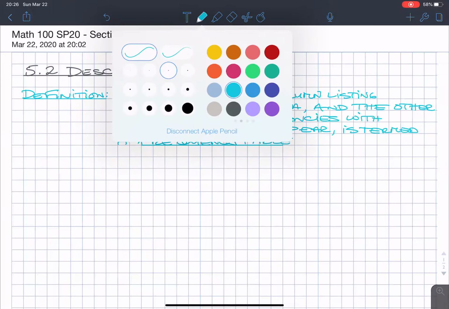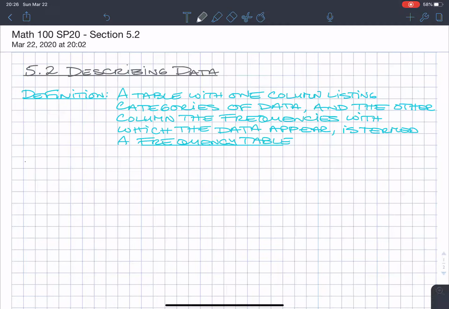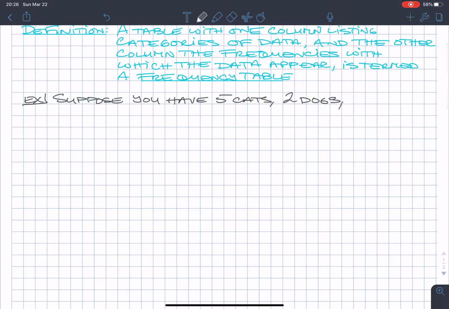So for example, suppose you have 5 cats, 2 dogs, 7 rabbits, 13 fish, and 1 ferret.